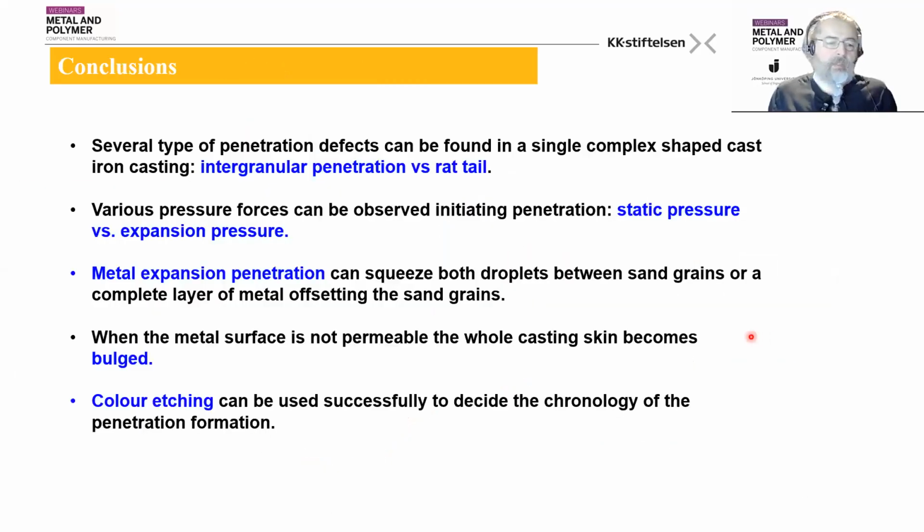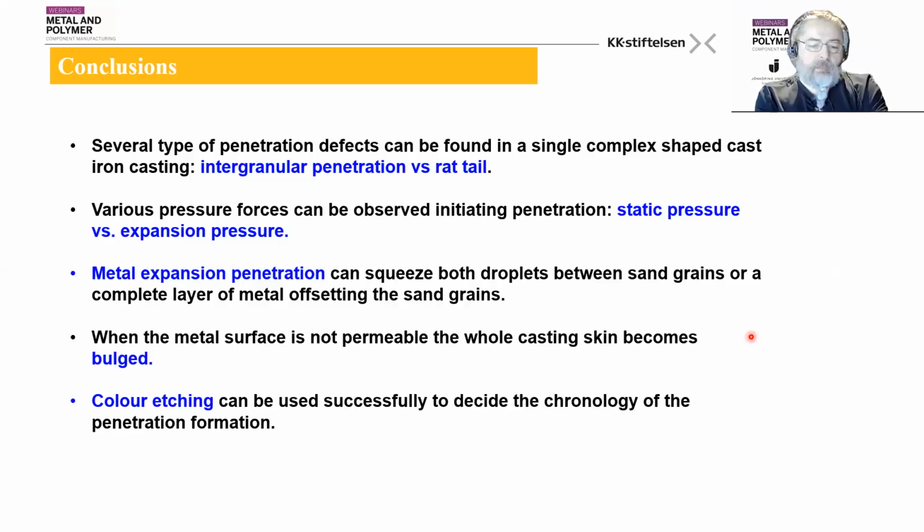So finally, I would like to conclude that several types of penetration defects can be found in a single complex shape casting. The various pressure forces can be observed in initiating penetration, both static pressure and expansion pressure.